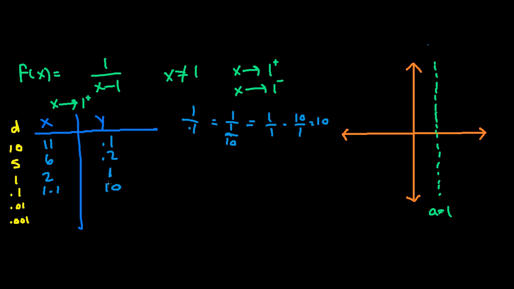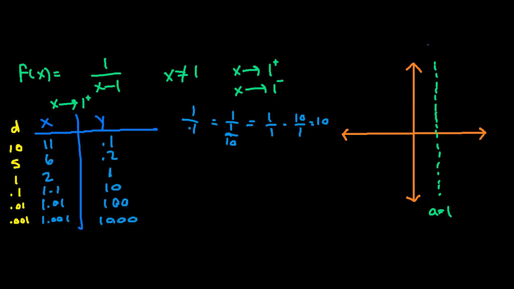We haven't even increased by 1, and we've increased by 10, or 9, if we're going to do a difference. So let's put in 1.01, and this is going to give me 100. And if I put in 1.001, this is going to give me 1,000. So we can see as we get closer and closer to A.